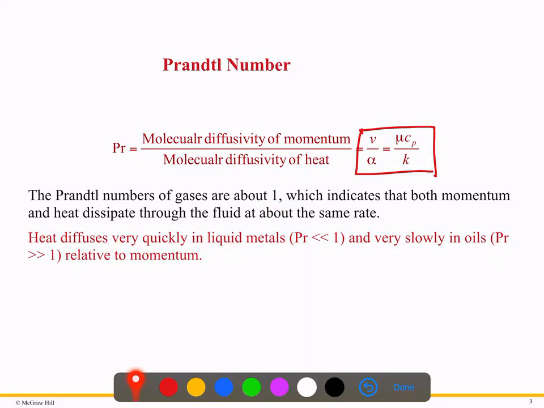We'll solve some problems where the material will be water. For water, generally we use a constant 7.0, but we'll get some other materials and the corresponding Prandtl numbers. If you ask how you will get the Prandtl number, you'll get it from the tables. Check the appendix, and we'll discuss it during the tutorials.